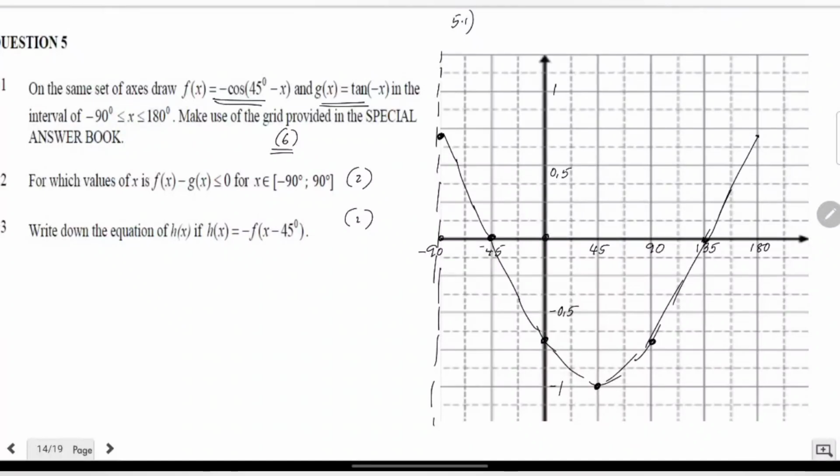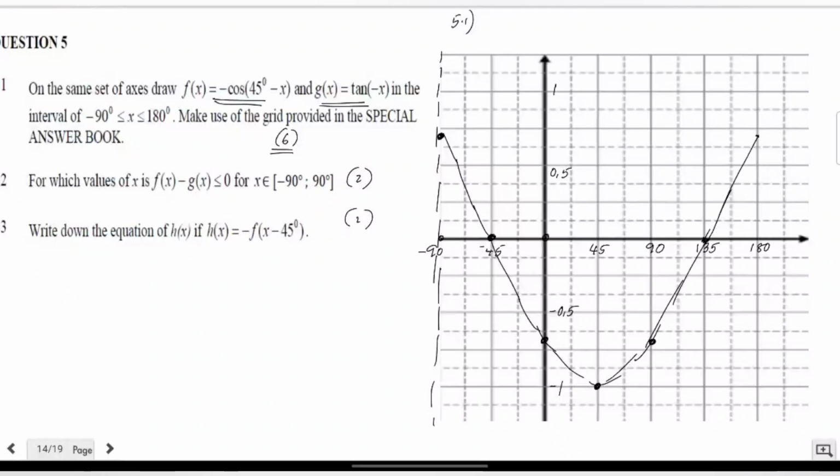Then minus 45. At minus 45, what will be the answer? Tan, remember one minus is there inside the bracket, then minus 45. Close the bracket, which will give you 1. Okay, it's 1, guys.